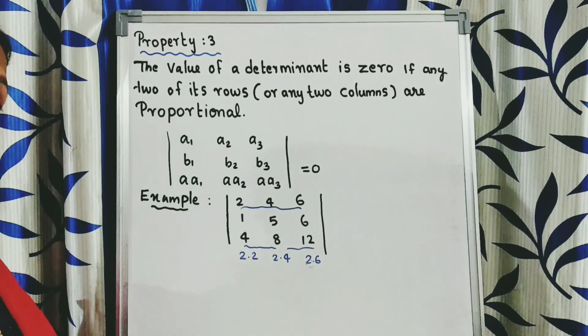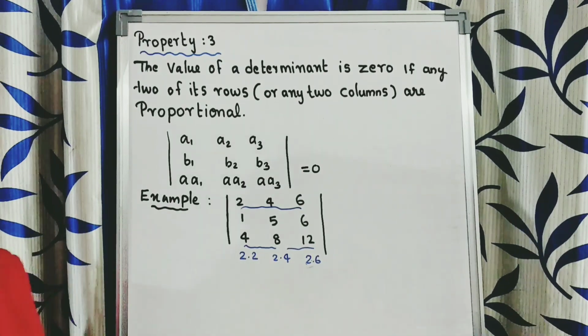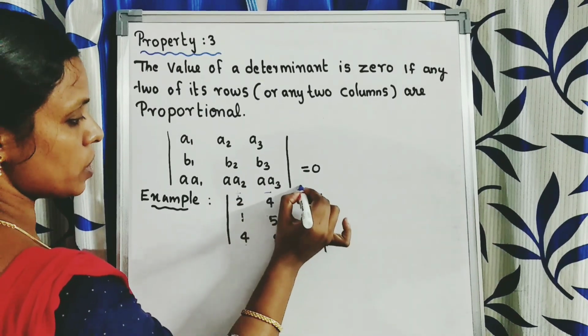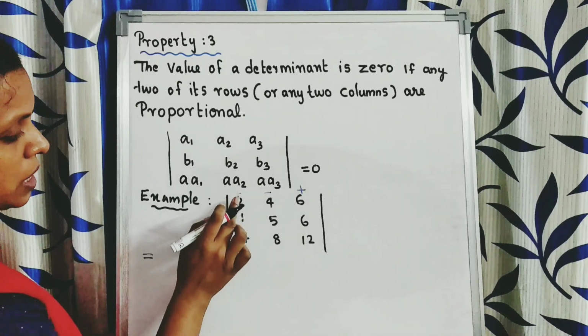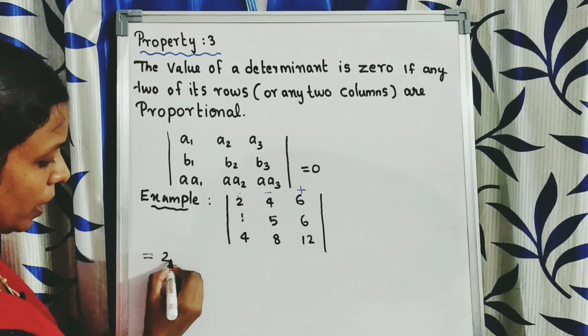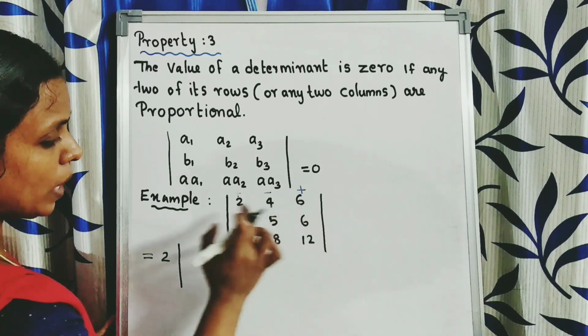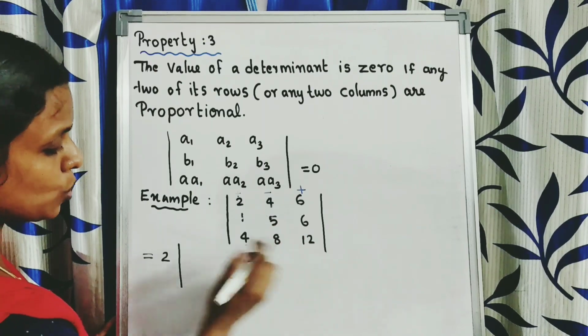Now we have to check that its determinant value is equal to 0. We assign the signs positive, negative, positive. We write positive 2 times the determinant where we eliminate the first row and first column; the remaining elements are 5, 6, 8, 12.